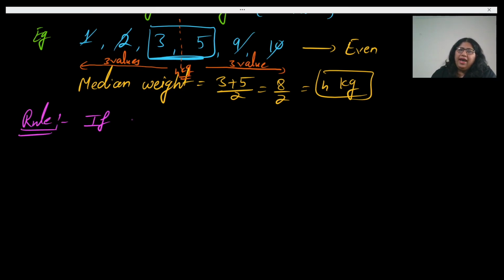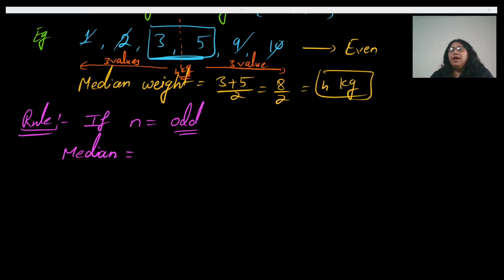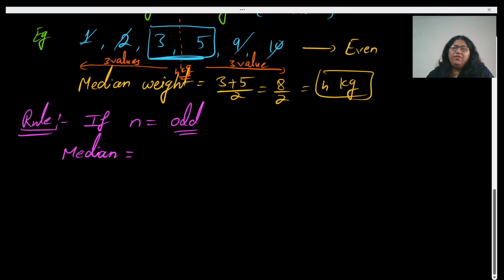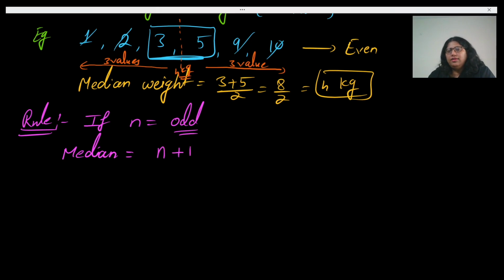If n is odd, this is the formula you can use. This is only for ungrouped data. If your number of observations is odd, the median is the (n plus 1) by 2th term.